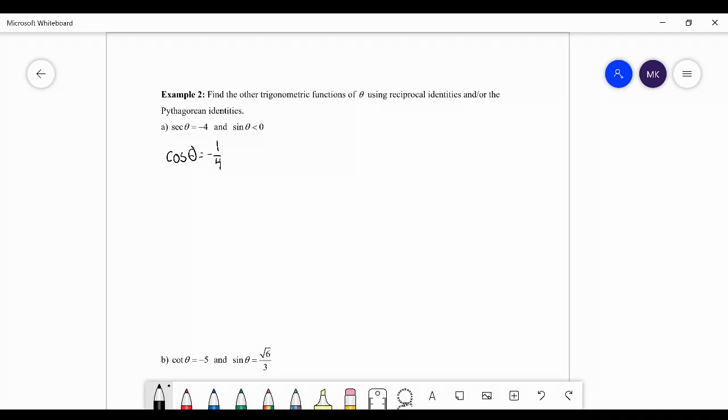So I know what the cosine is, and so I'm going to use the standard Pythagorean identity right now to say that sine squared theta plus cosine squared theta equals 1. Well, I know that cosine theta is -1/4. So cosine squared theta is just -1/4 squared.